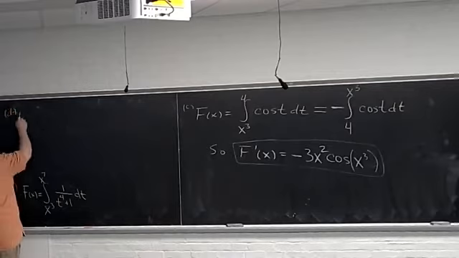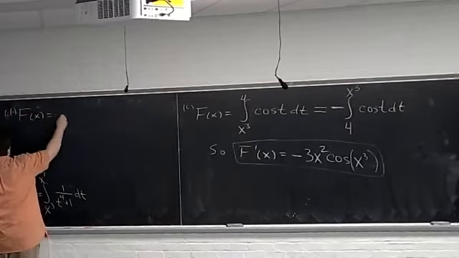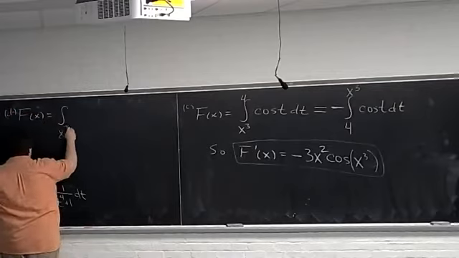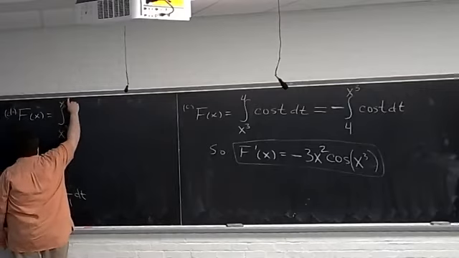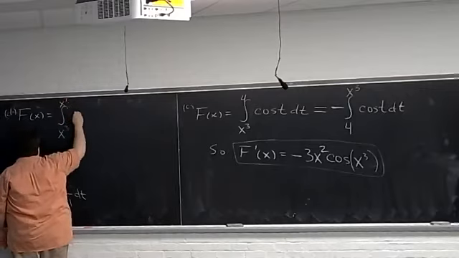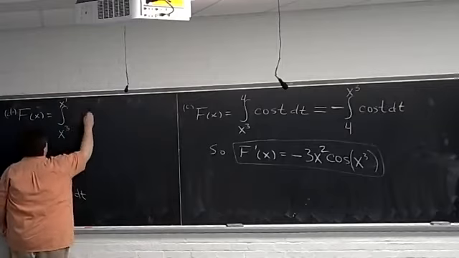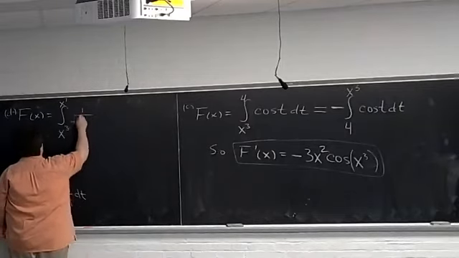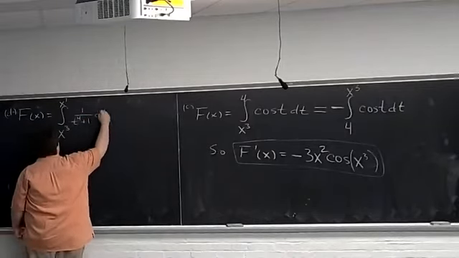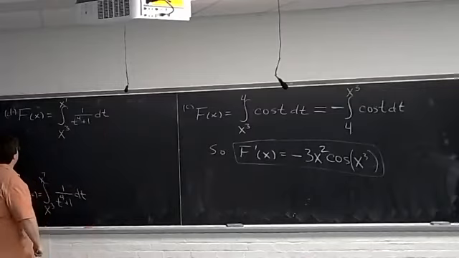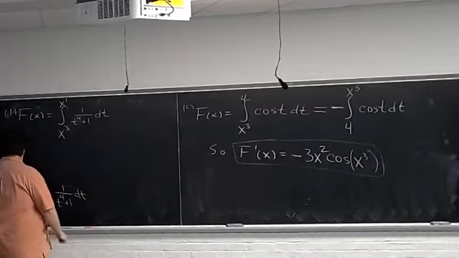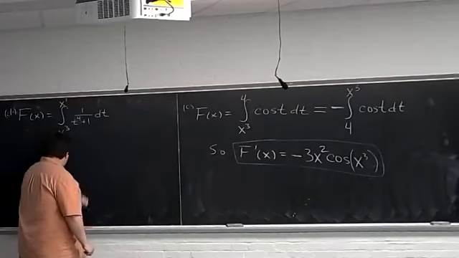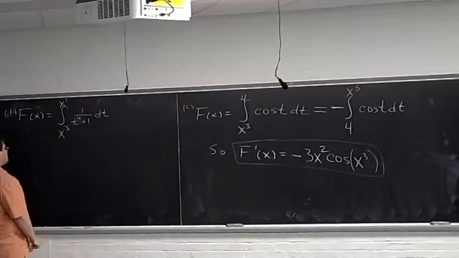So let me write this up here. We have an x to the 7th as our top bound, and we have x's as our lower bound. The first part of the fundamental theorem of calculus applies when the lower bound is a number.